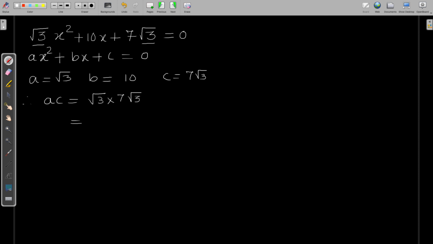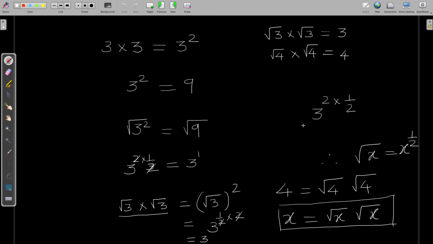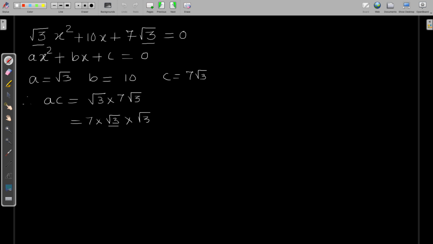That can be written as 7 times root 3 times root 3. Just now we have learned that root 3 times root 3 is equal to 3. So 7 times 3 gives us 21.